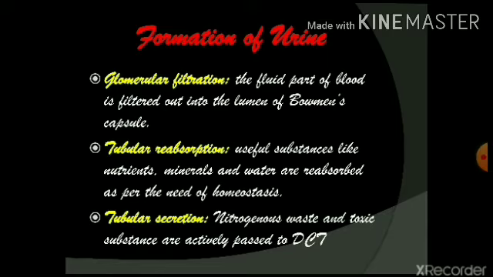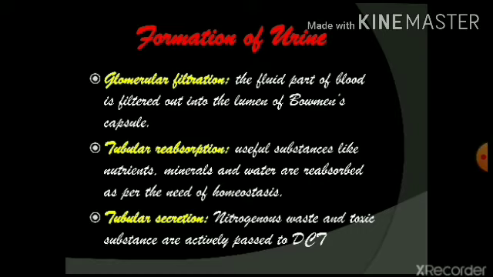Active means to supply energy, that is, the reabsorption takes place by supplying energy, and passive means to be reabsorbed along the concentration gradient. Along the concentration gradient means from higher concentration to lower concentration. If the concentration of water is higher in the Henle's loop, it will be reabsorbed into the blood.